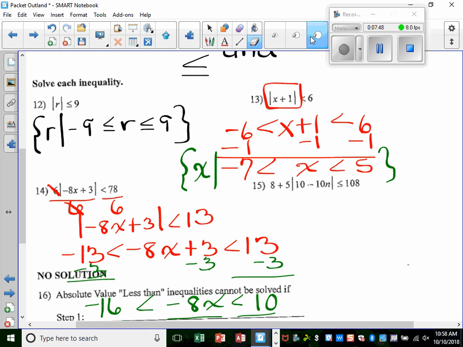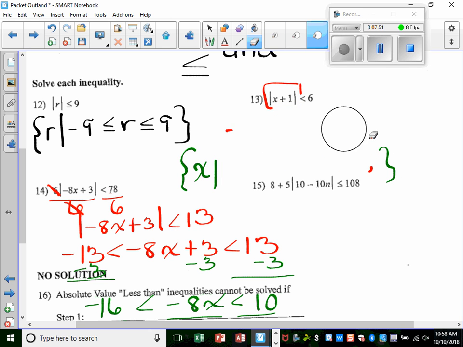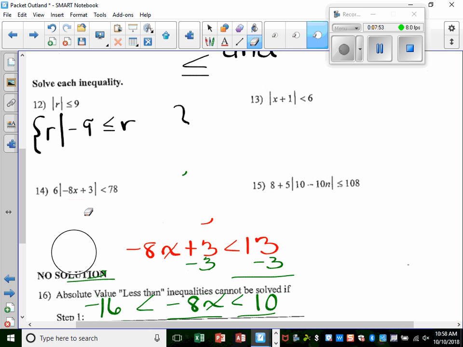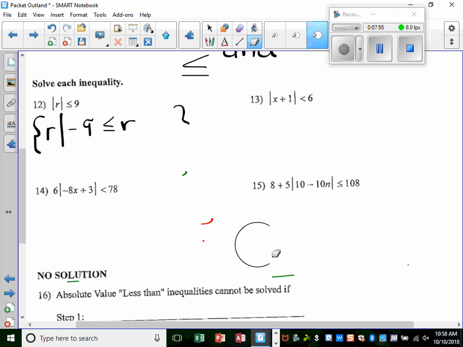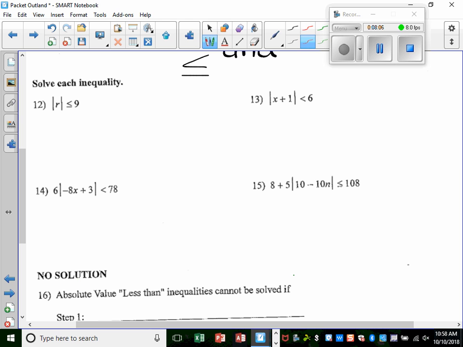Okay, now in number 15, there are a couple things I got to get rid of over there with those absolute value symbols. The 8 and the 5. I cannot add 8 and 5 together. They're separate numbers. So I start with the positive 8. So I'm going to subtract 8 first from both sides. Okay, so don't make the mistake of trying to combine those together.